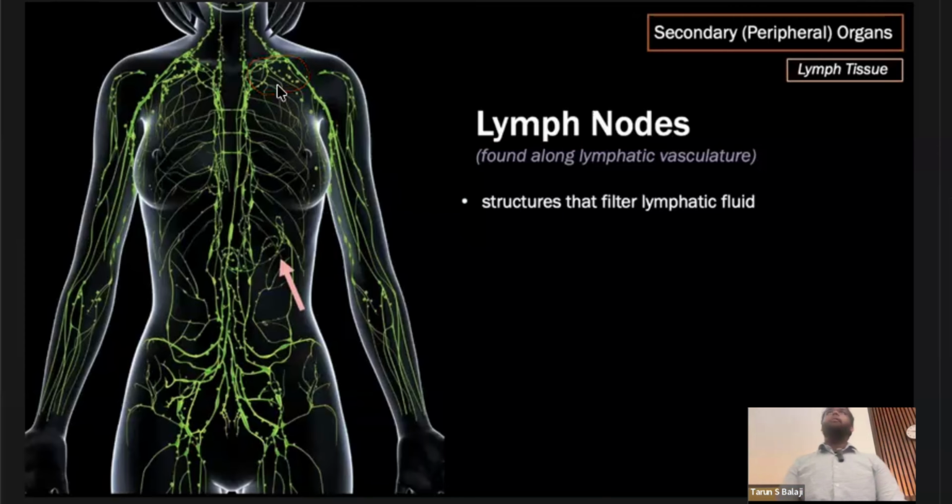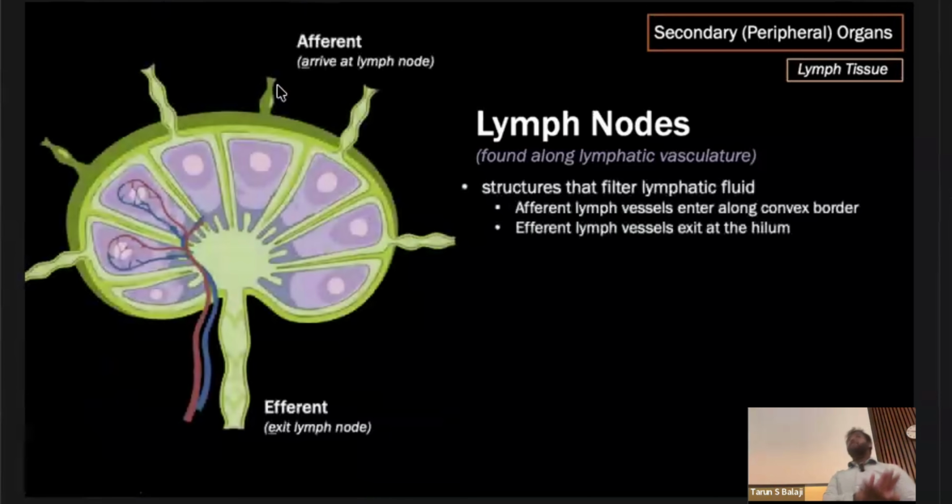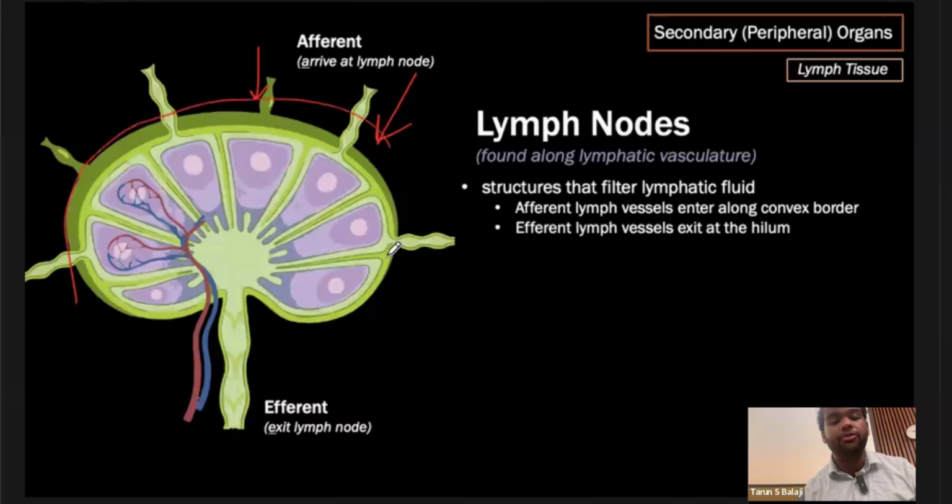Okay, we're thinking afferent vessels that arrive at the lymph node, they're bringing lymph into the lymph node, and efferent vessels that are taking it out. Now, each lymph node is going to receive a lot of afferent vessels, and they're all going to be by your convex border, so we're thinking the part that bounces out.